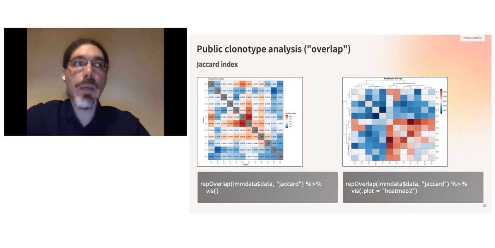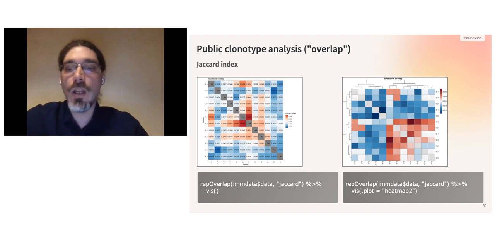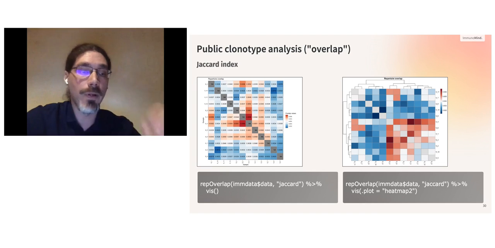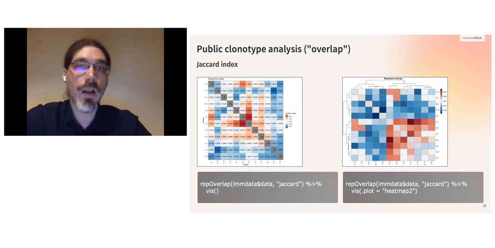Okay, but maybe you also would like to include the abundances in the analysis. So you would like to not only compare the sequences, you also think that in your analysis it is important to include abundances because of the immune response.